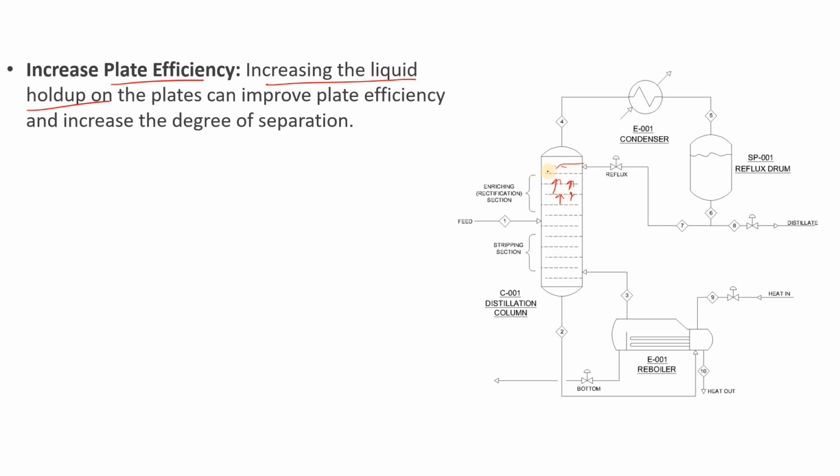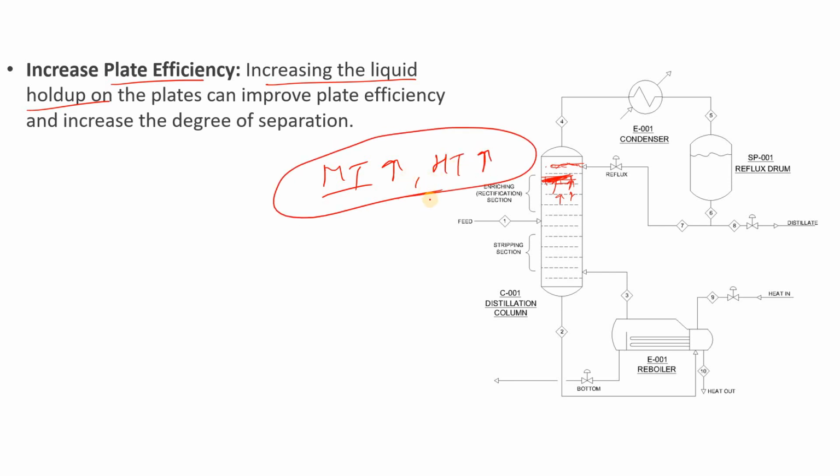Now what is happening is that the liquid holdup time increases in each tray. So when the liquid holdup time increases, your mass transfer will be improved, your heat transfer will be improved. When both transfers are improved, your separation will be better.